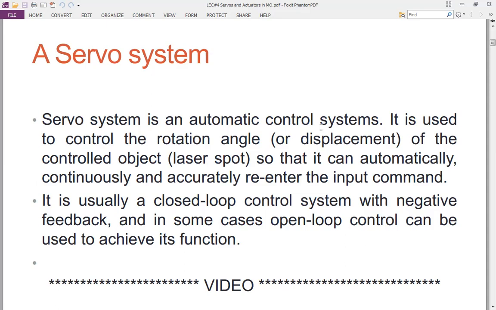Here, if the laser spot is supposed to be at the center of a specific track, then that is what is desired. If the laser spot is slightly shifted, the system will send an error. That error will mean that the laser spot is not correctly focused, and then it will shift.